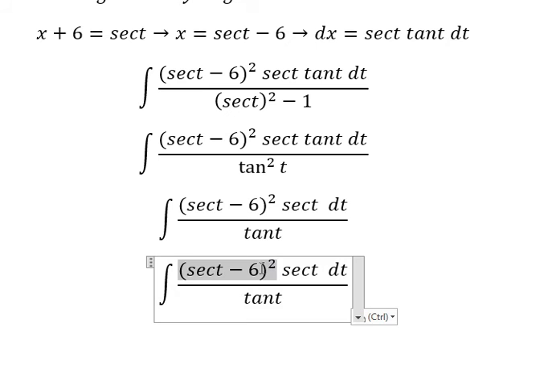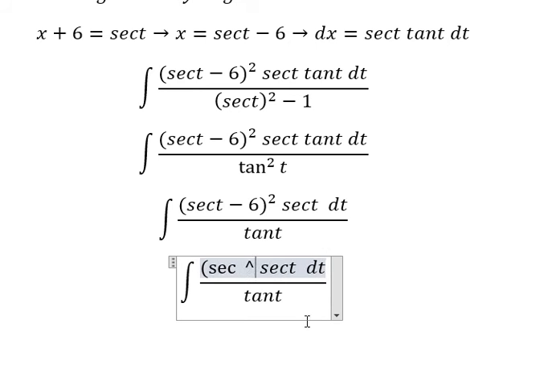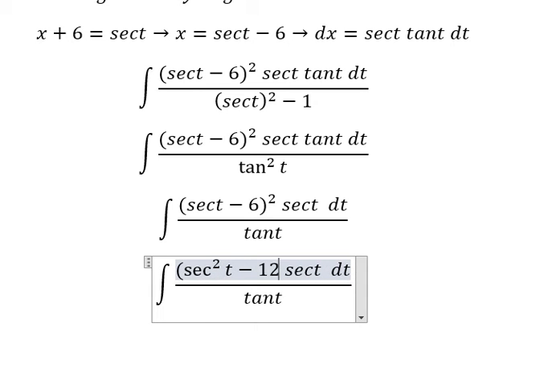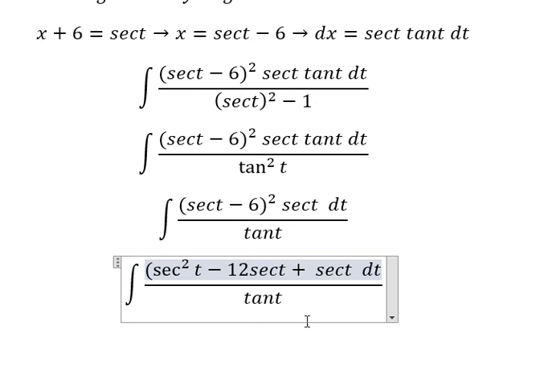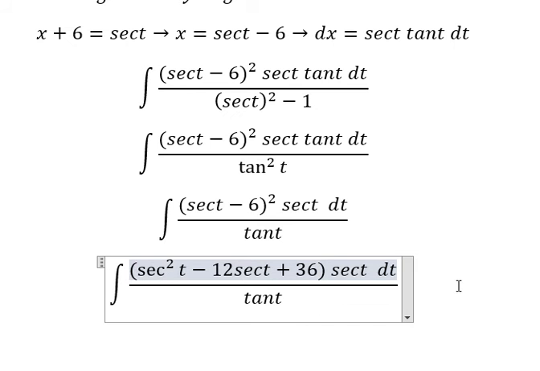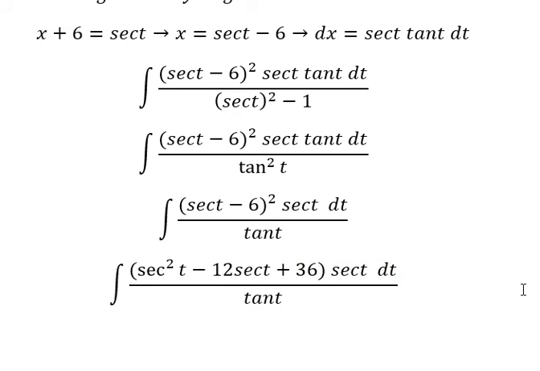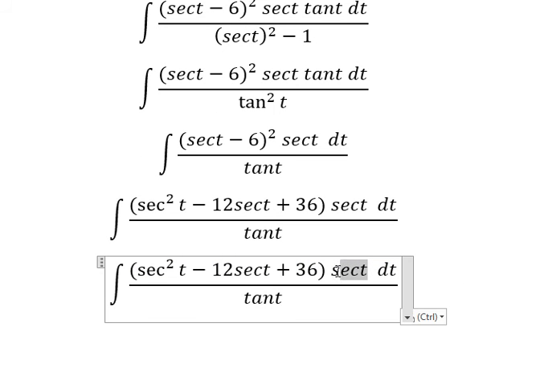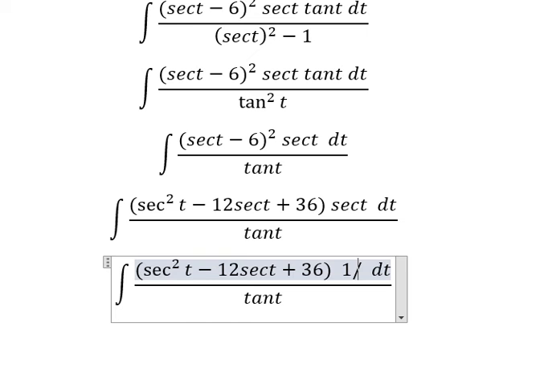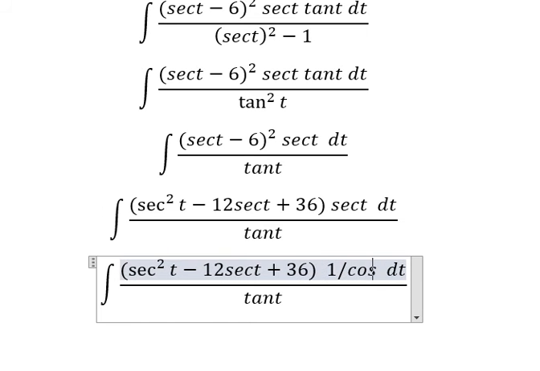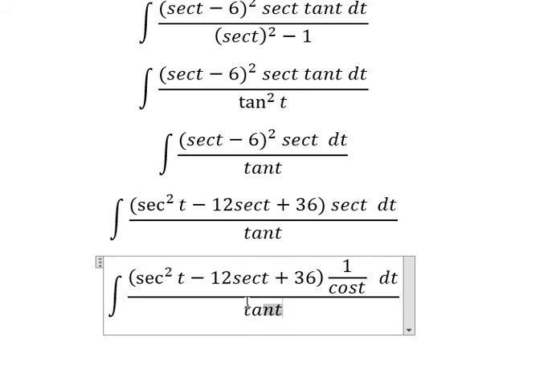Now we need to expand this. So we change secant of t into 1 over cosine t, and this one we change to sine t over cosine t.